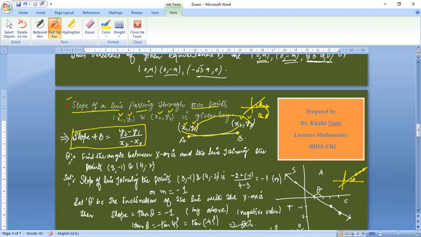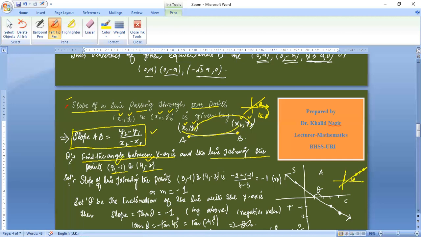Now let's move to the question: find the angle between the x-axis and the line joining the points (3, -1) and (4, -2). So I need to find the angle, right? Now it's given that the line passes through two fixed points, that is (3, -1) and (4, -2). So I can easily find the slope by the above formula, right?